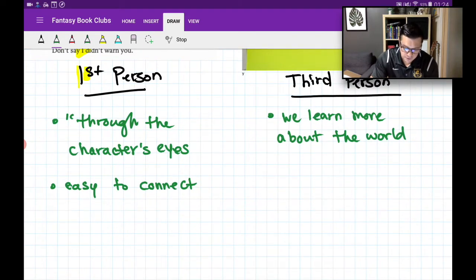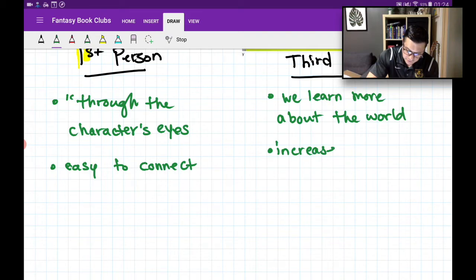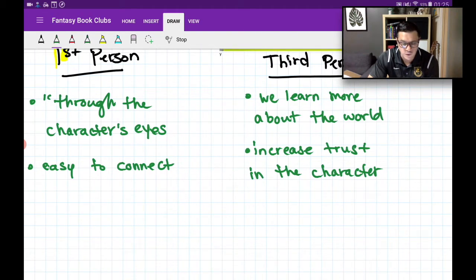Another reason an author might use third person is to increase trust in the character, because when authors use third person, we feel like that author, or the narrator, is an authority on the story, on the topic, on the world that they're describing.